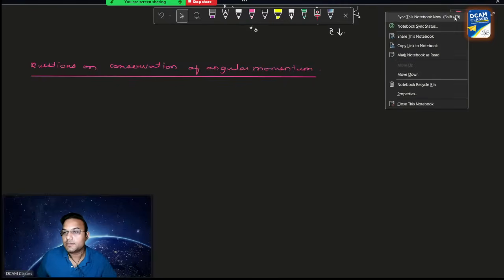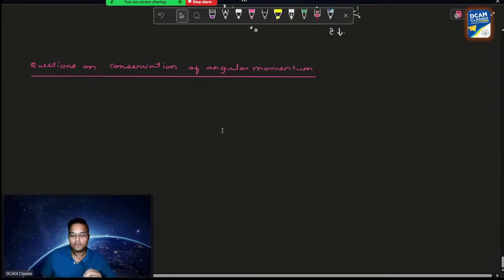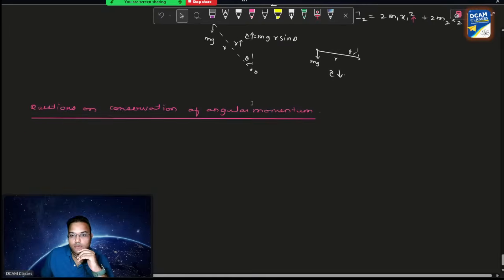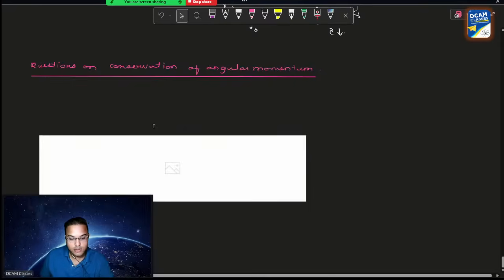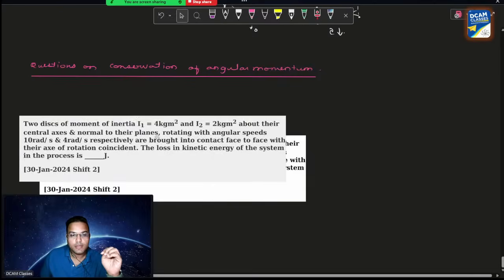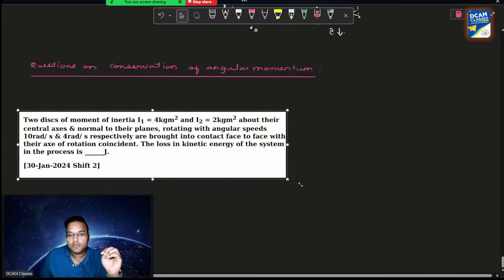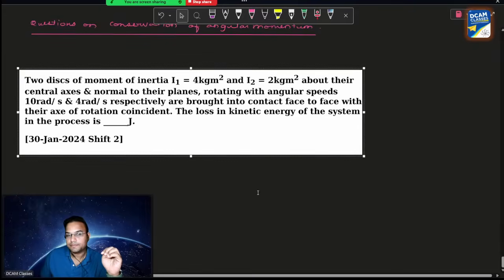Take this question. This question is on conservation of angular momentum. Try this.